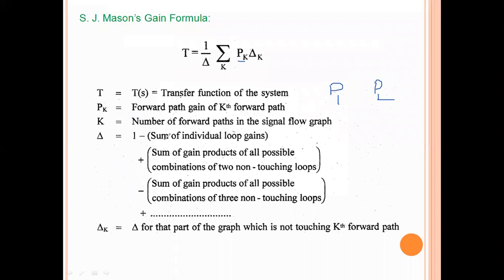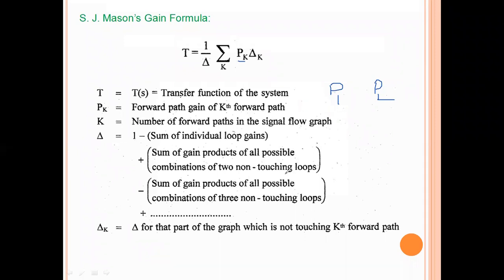You can understand it easily when we solve the problems. The second term is plus the sum of gain products of all possible combinations of two non-touching loops. We have to check the possibilities of non-touching loops.